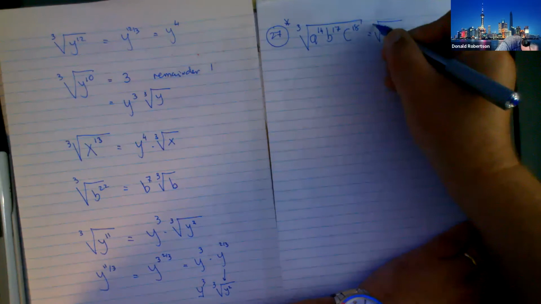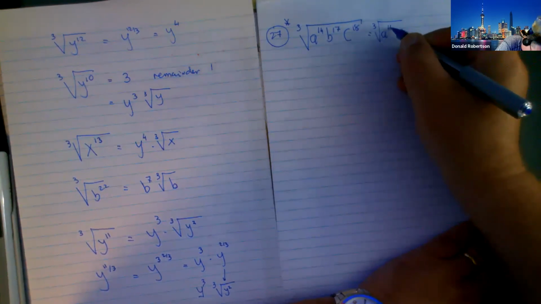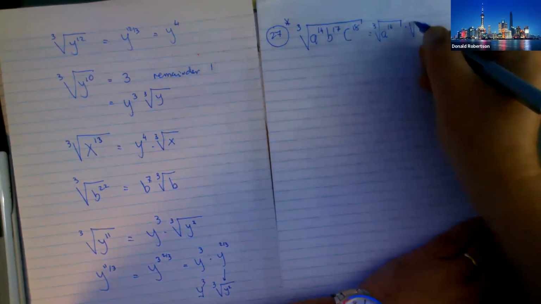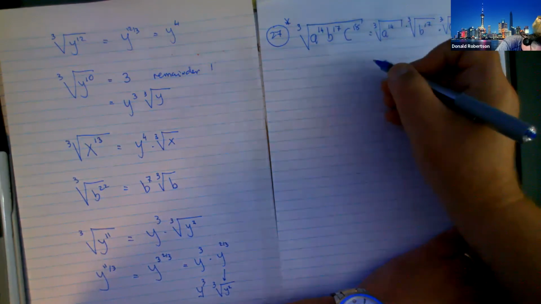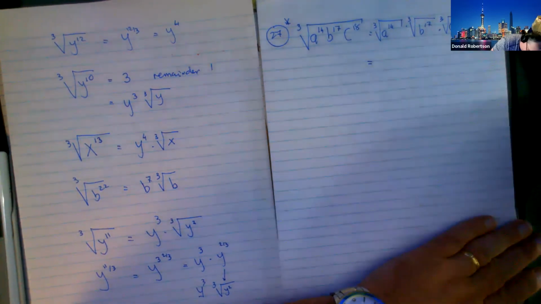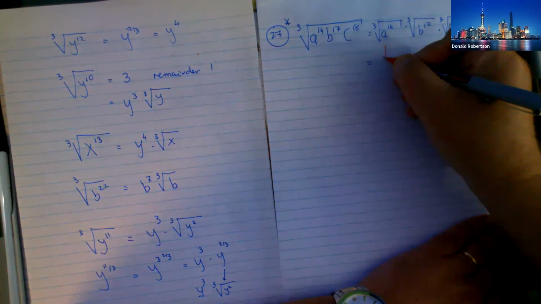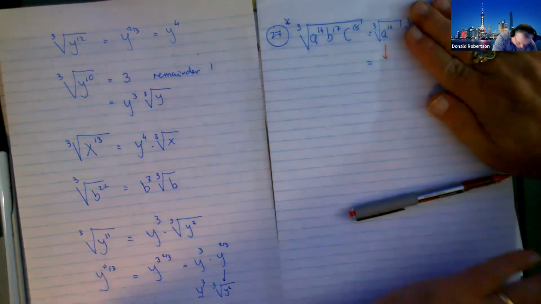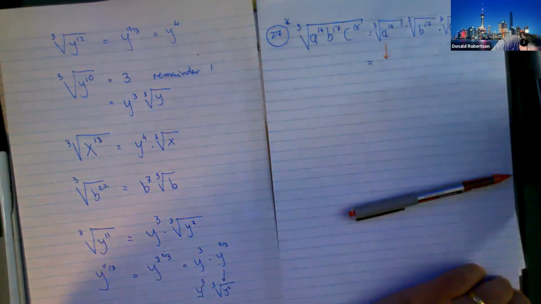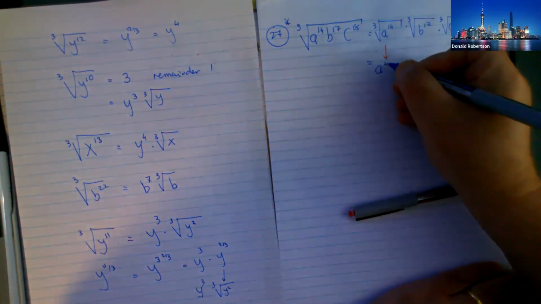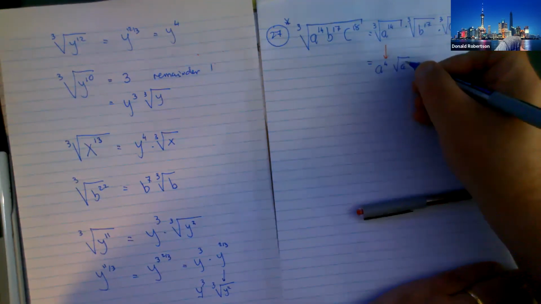So I know that's going to split a to the 14, b to the 17, and the cube root of c to the 18. Okay, let's do this one first. If you do 14 and divide it by 3, you get 4 and 2 left over.